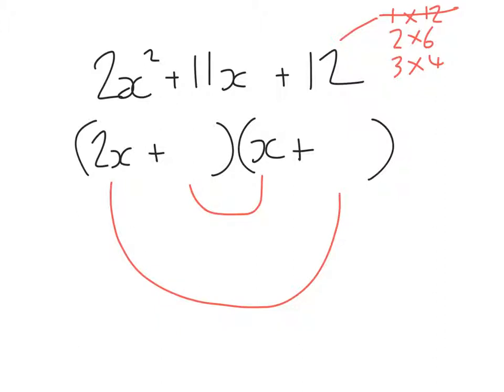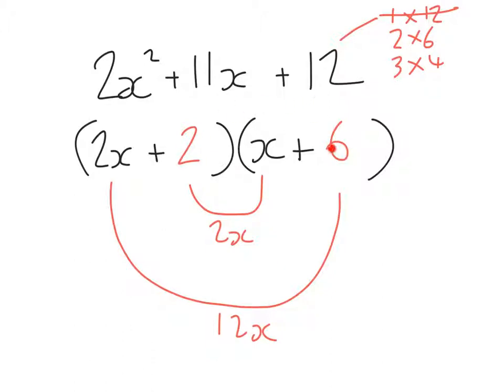So now I'm going to try my next two factors, which is 2 and 6. So I'm going to put 2 in the first bracket and 6 in the second bracket. So 2 times x is 2x, and 2x by 6 is 12x. 2x plus 12x gives me 14x, which is not 11x.